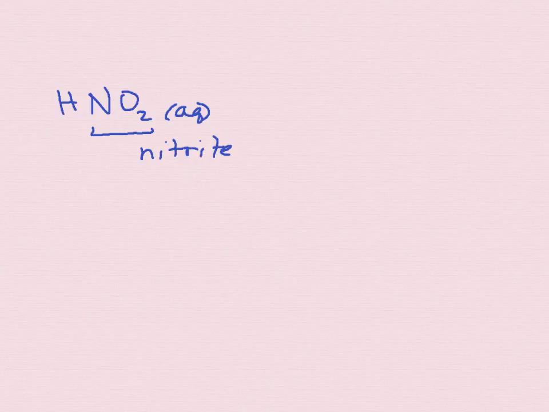The rule states if it's an ITE, you drop the ITE and you add an OUS ending. Therefore, the name of this acid becomes nitrous acid. ITE becomes an OUS.